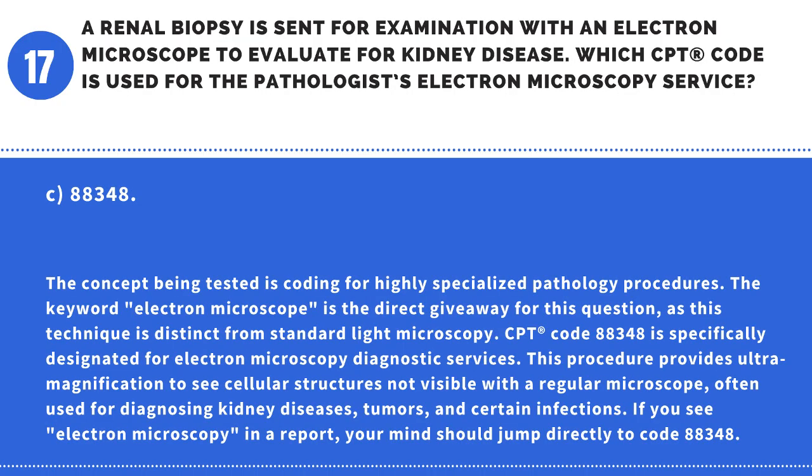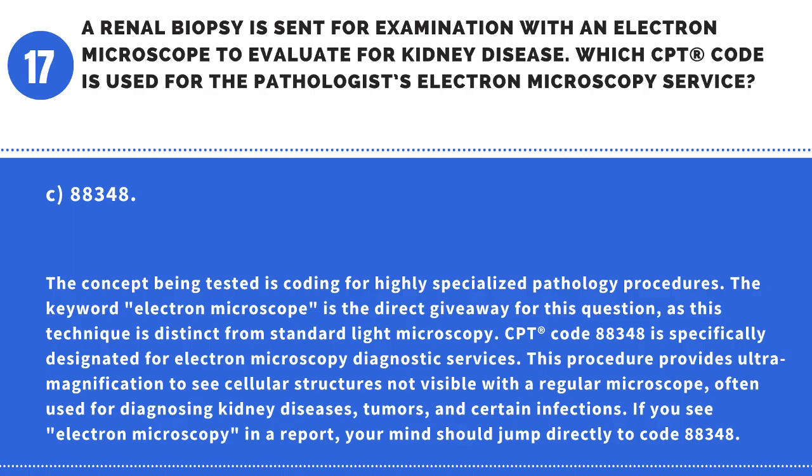Answer: C. 88348. The concept being tested is coding for highly specialized pathology procedures. The keyword electron microscope is the direct giveaway for this question, as this technique is distinct from standard light microscopy. CPT code 88348 is specifically designated for electron microscopy diagnostic services.